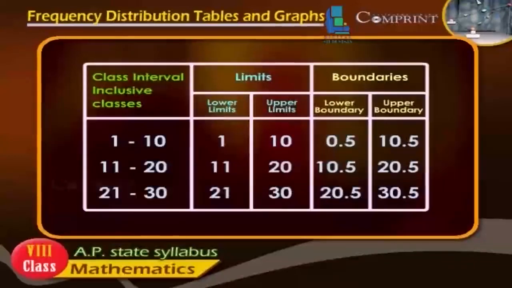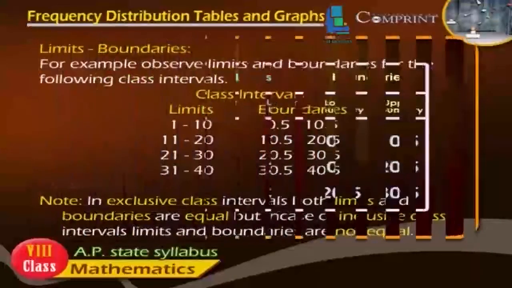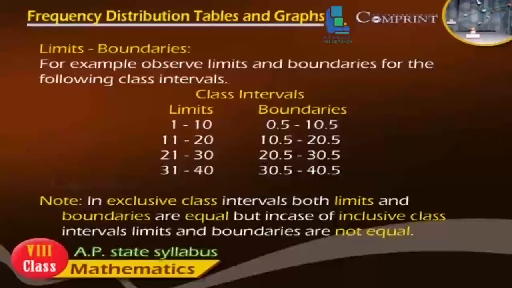Class intervals, limits, boundaries: 1, 10, 0.5, 10.5; 11, 20, 10.5, 20.5; 21, 30, 20.5, 30.5; 31, 40, 30.5, 40.5. Note: in exclusive class intervals, both limits and boundaries are equal, but in case of inclusive class intervals, limits and boundaries are not equal.